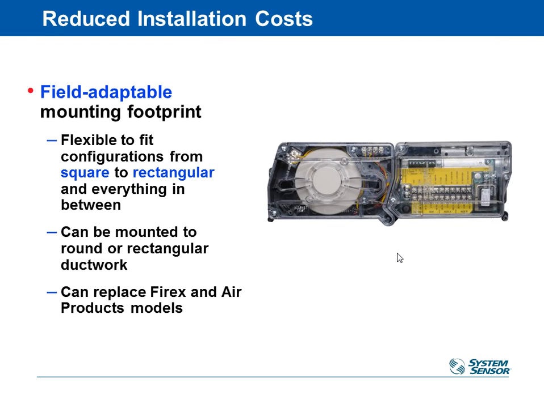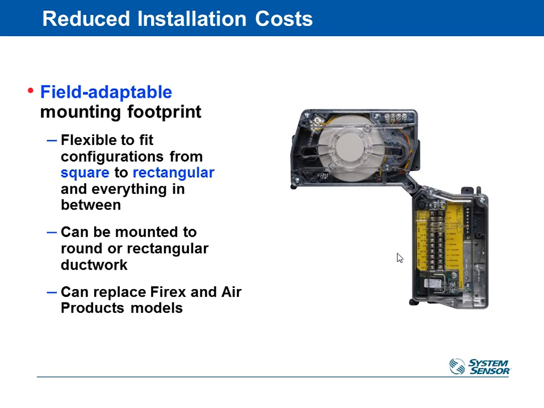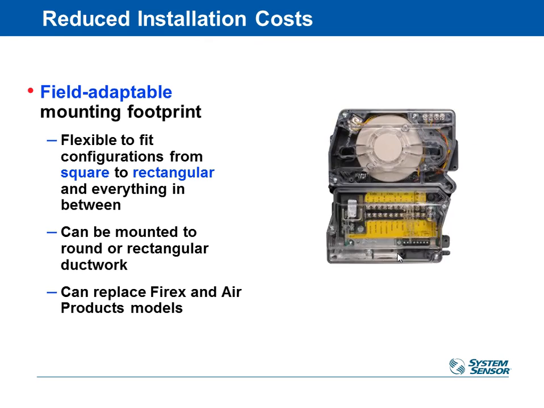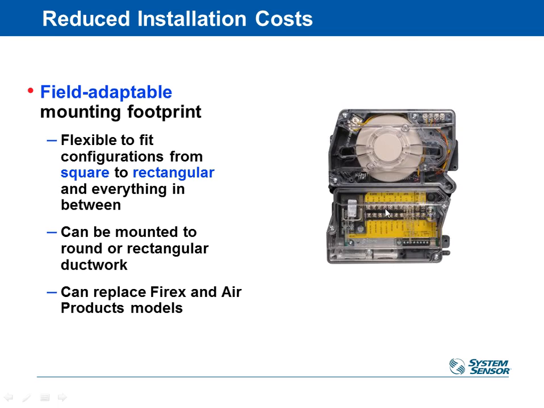It is shown here in a rectangular configuration, which is very common and matches up with the previous System Sensor products. However, some of their competitors had a vertical orientation or a square orientation. So this one, if you take one screw out, I don't know if you can see that little screw hole right here where my mouse is, if you take that screw out of the back, you can rotate it around, put the screw back in, and the exact same product can be used in either orientation.